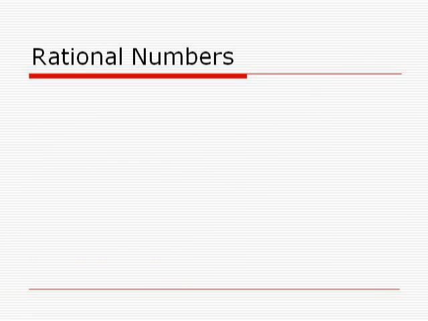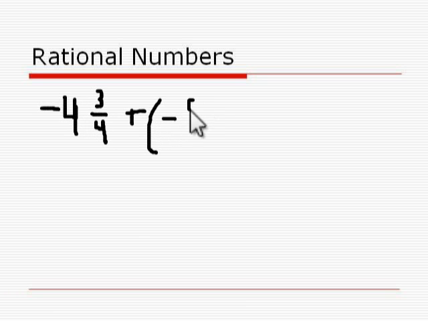Okay? Finally, I'm going to do one with rational numbers, which means the same thing as fractions. So let's say that I'm going to add negative 4 3/4 plus negative 9 1/4.